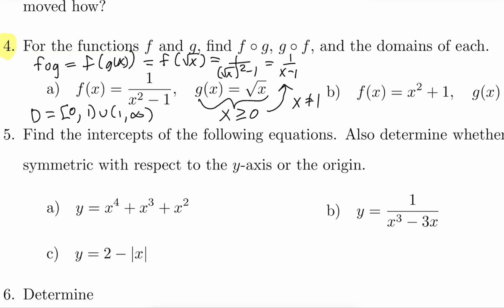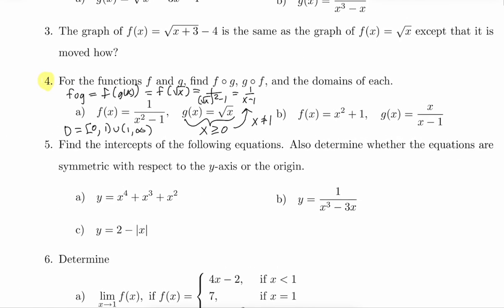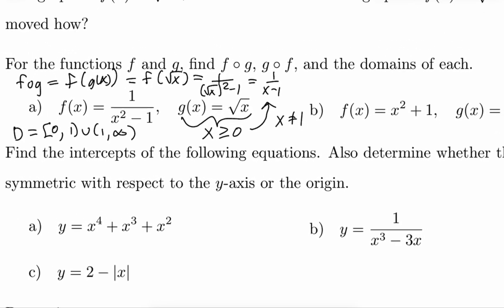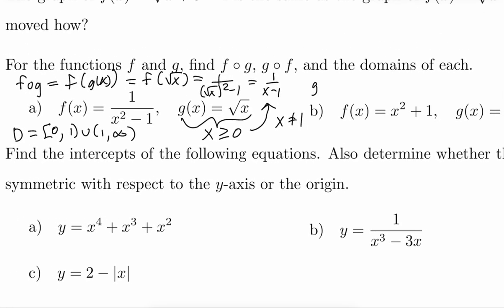Okay. Now, let's talk about g of f. If we go the opposite way, g of f, and I'm sorry there's not a lot of room, just do what you can to fit it in here or make a new page or something. If we look at g of f, this time we're putting the f function into the g function.